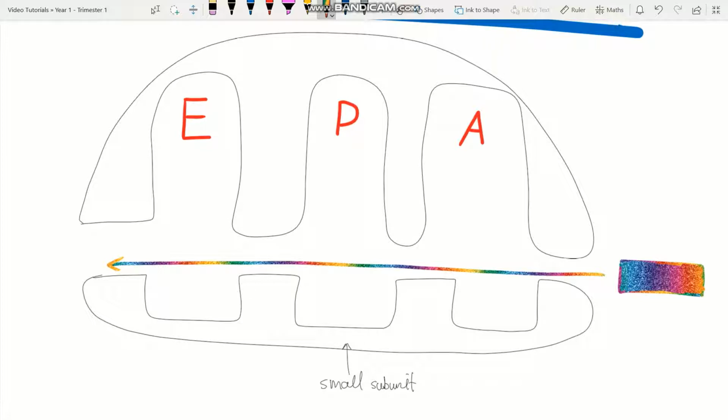Firstly, as it does pass through here, what we call a tRNA molecule will come in contact with the mRNA sequence, where T stands for transfer.